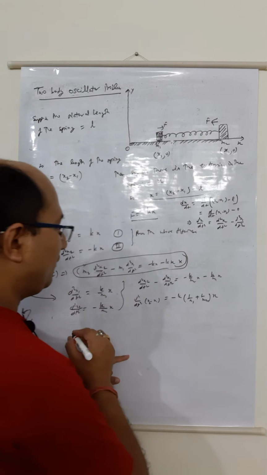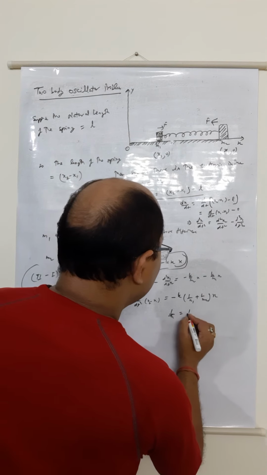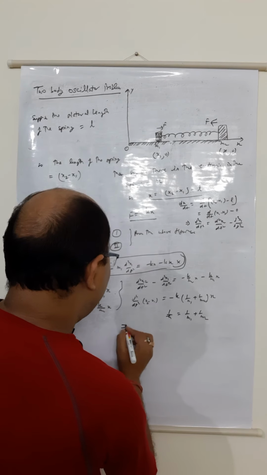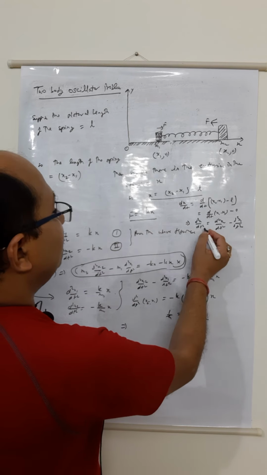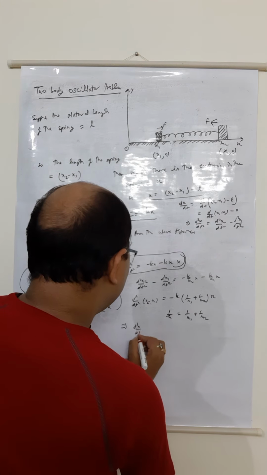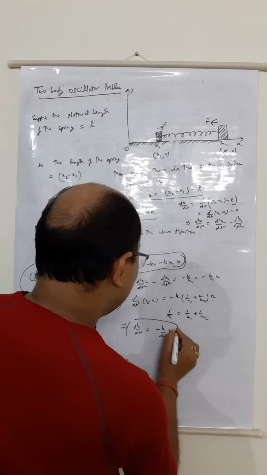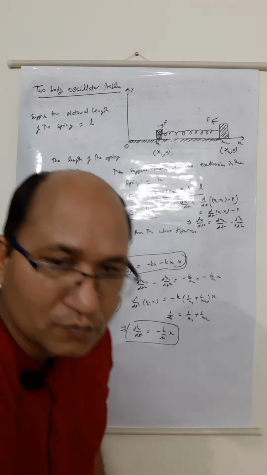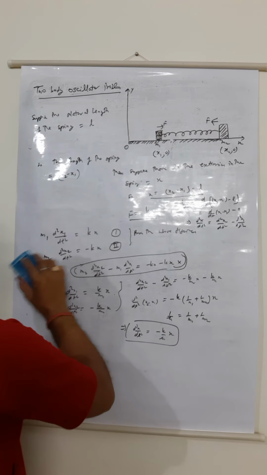Suppose 1 upon mu is equal to 1 upon m1 plus 1 upon m2. Since d2 of x2 minus x1 is d2x, this implies d2x upon dt2 is equal to minus k upon mu into x.